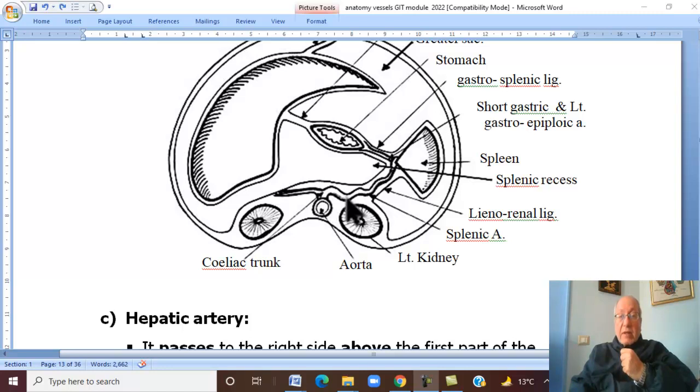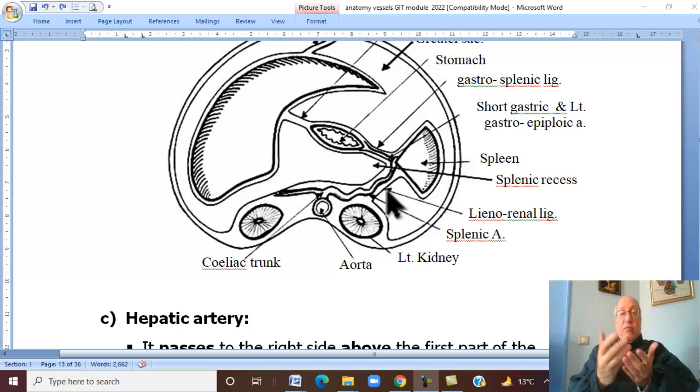This is the splenic artery passing on the posterior abdominal wall until it reaches front of left kidney. The splenic artery should pass forward to the hilum of spleen in this peritoneal ligament, which is a ligament between left kidney and the spleen. Therefore, it is called lieno-renal ligament or spleno-renal ligament.